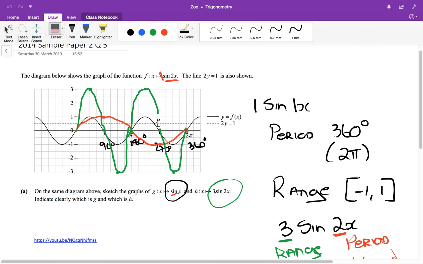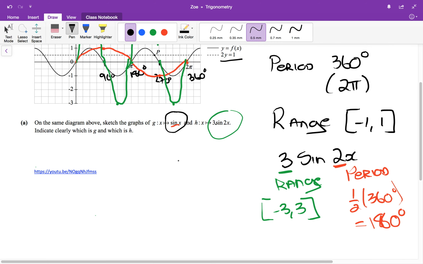So you can see that P is a point of intersection between this dotted line and our original graph that we were given. So P is there where the dotted line, which we're told is 2y equals 1, intersects with the curve, which we know is sine 2x. Okay?